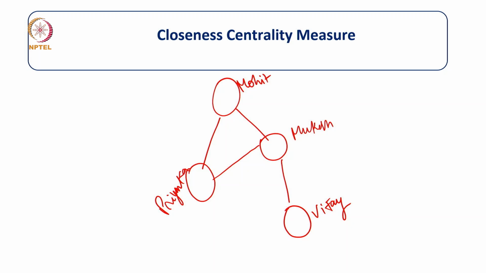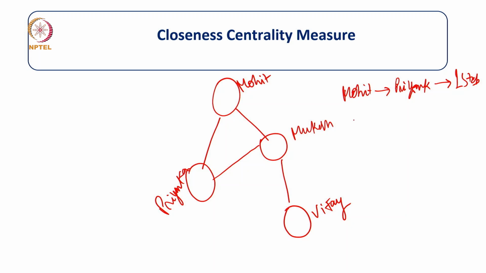So for Mohit to Priyanka, the shortest distance is one step. There is another way, if we go Mohit to Mukesh and then Priyanka, it is two steps, but the shortest is one step since they are directly connected.